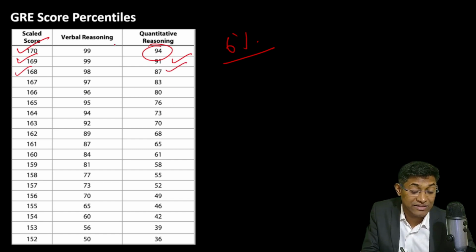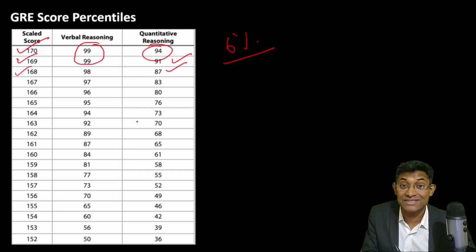All right. And when it comes to verbal reasoning, notice that a 170 and a 169 both are considered a 99 percentile. So only 1% of the test takers get 169 and above, and then 168 is considered a 98 percentile, 167 is considered a 97 percentile, and it goes on in such a manner.